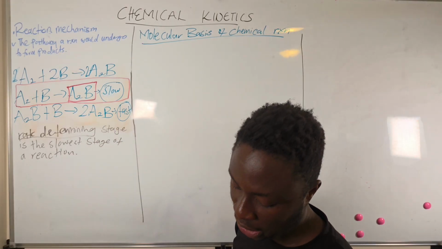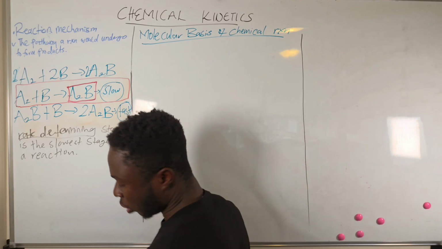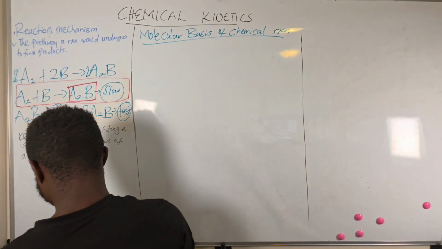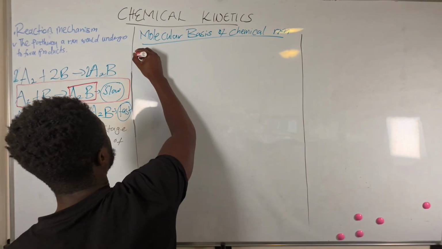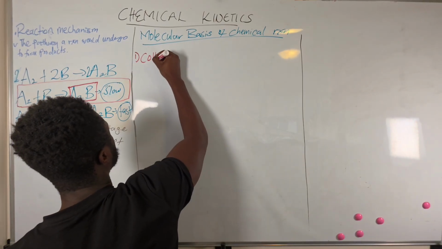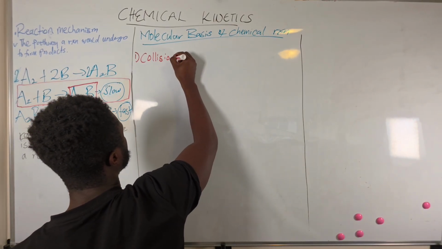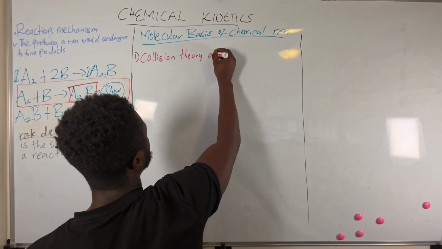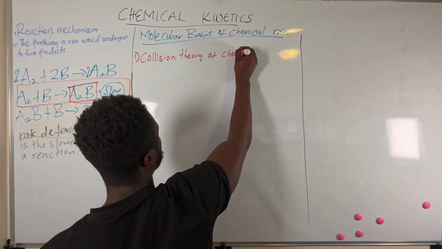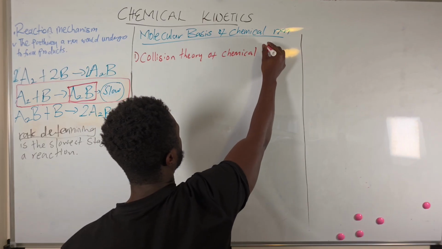Now the first one that we do know is the collision theory of chemical kinetics. So the first one over here is the collision theory of chemical kinetics.